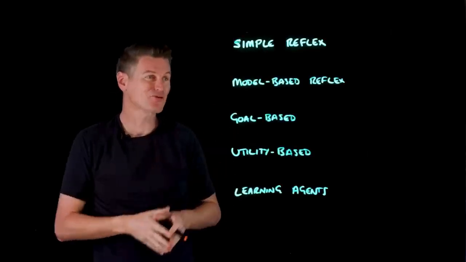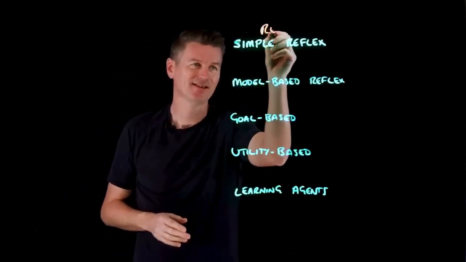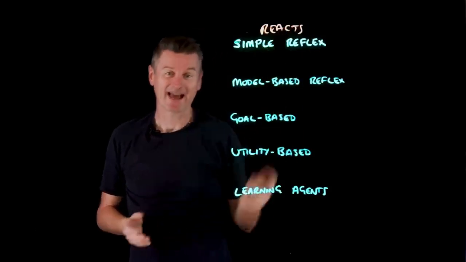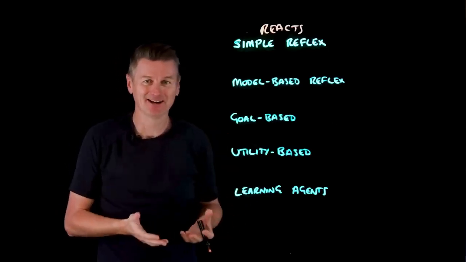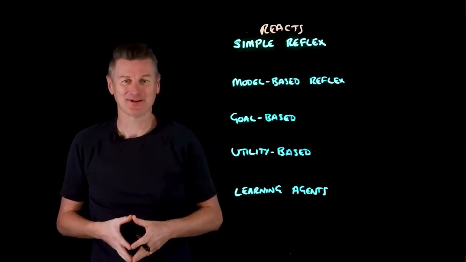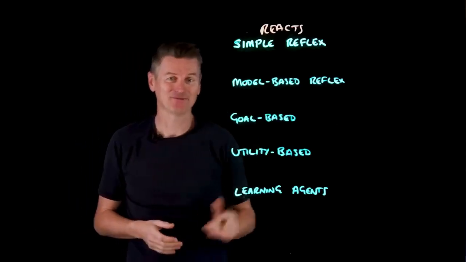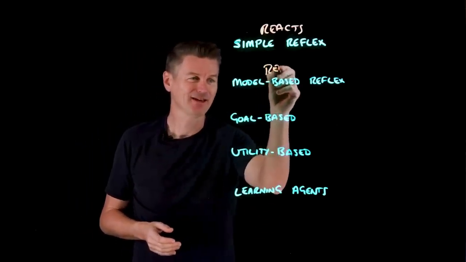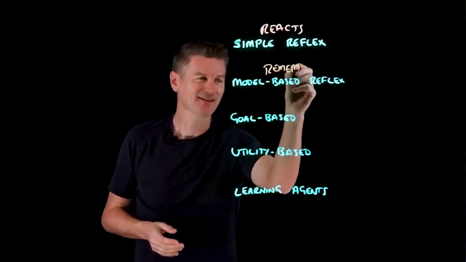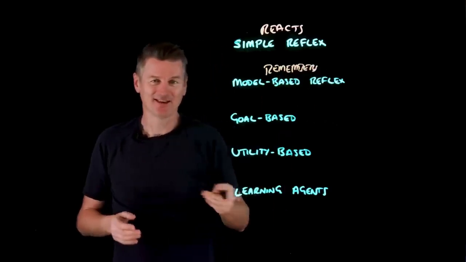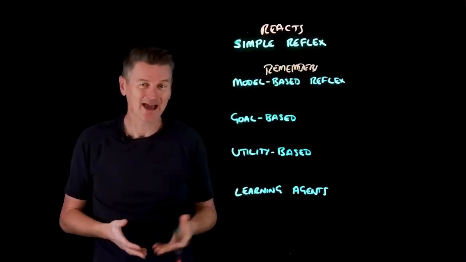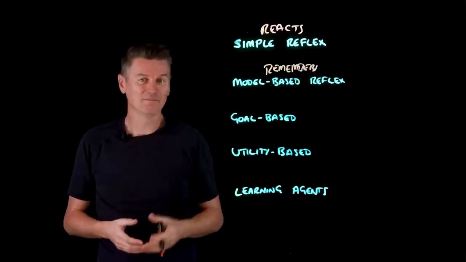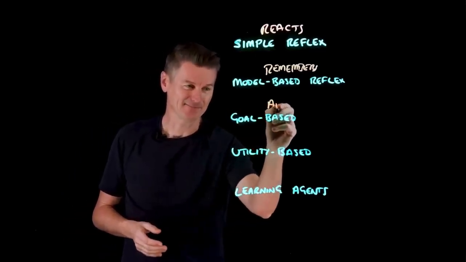So a simple reflex agent reacts. It's fast to execute, but it has no memory, and it has no understanding of history. A model-based reflex agent, we can really think that the difference there is that it remembers. It does that by tracking state over time, but it doesn't plan, it's still reactive. Now, a goal-based model aims.